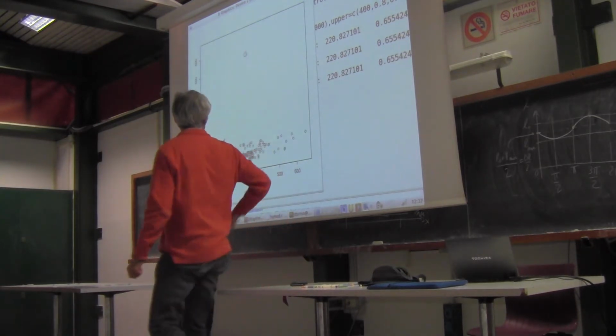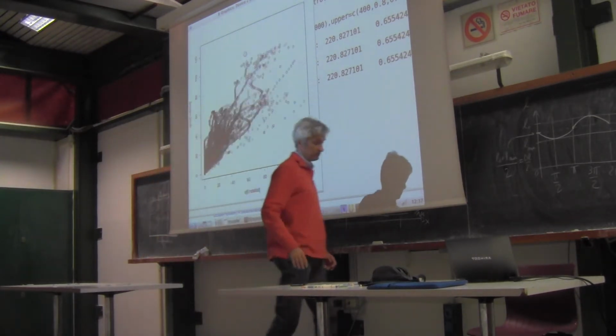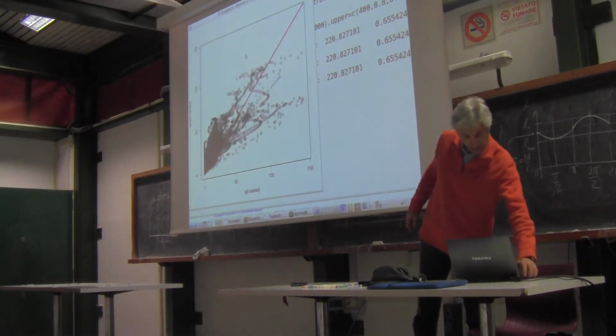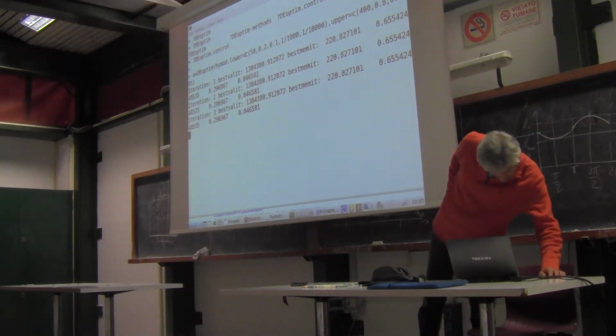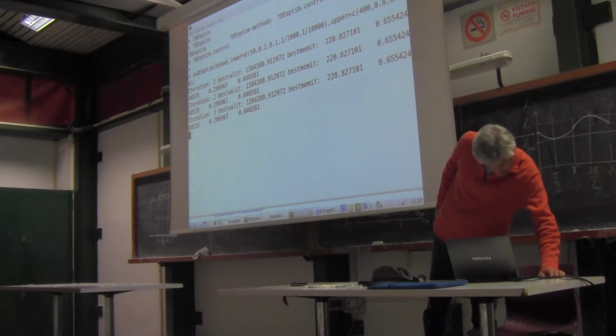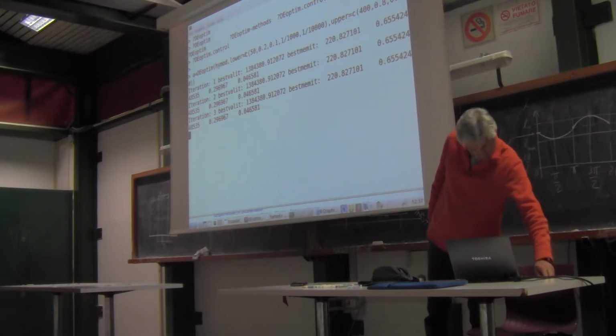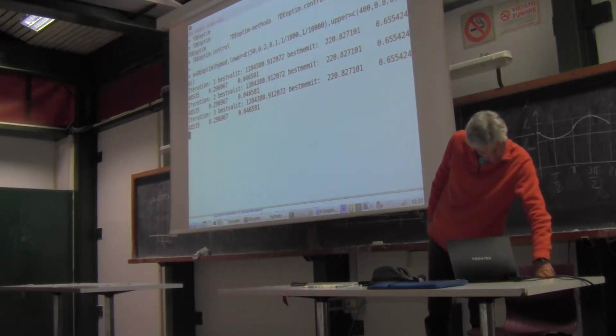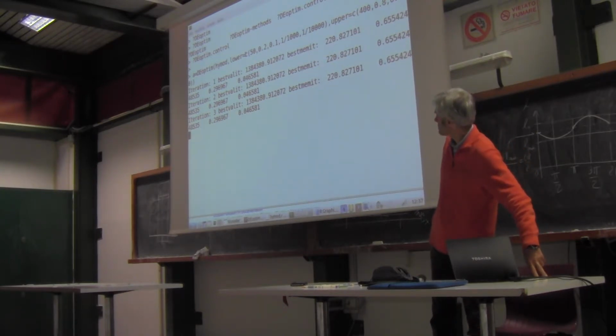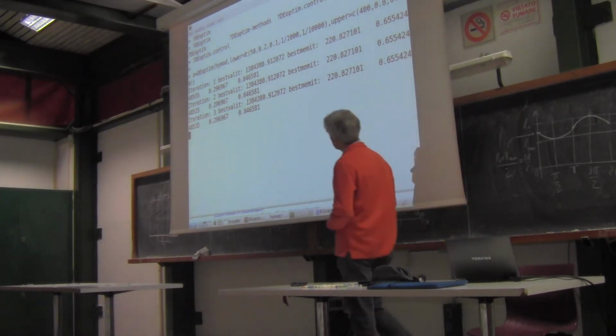And now there was a third loop. Let's see if we got some improvement. I don't understand. It looks like it is repeating, which is strange. It's repeating the same result, which is strange.